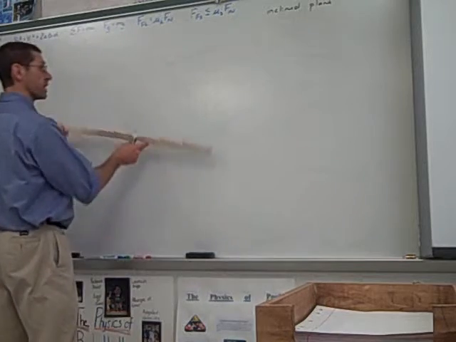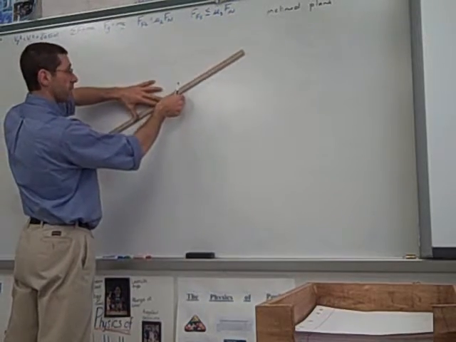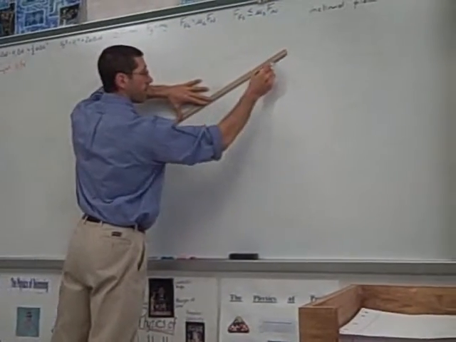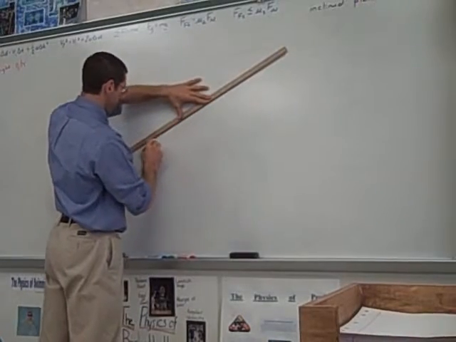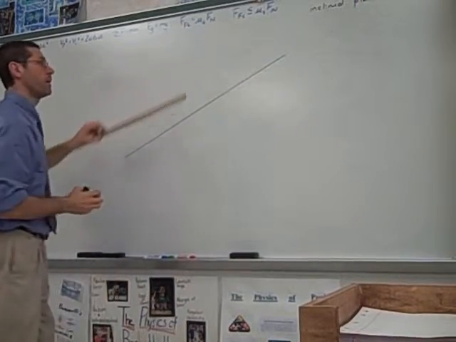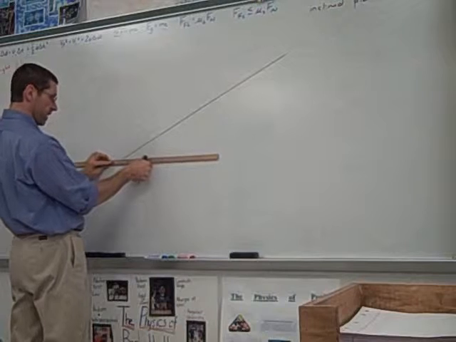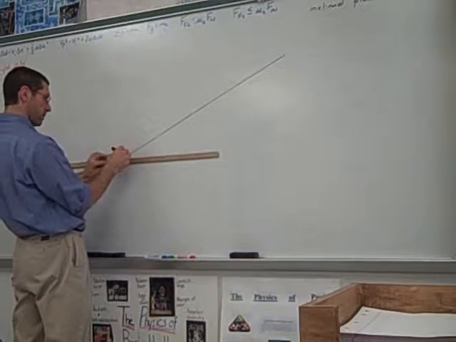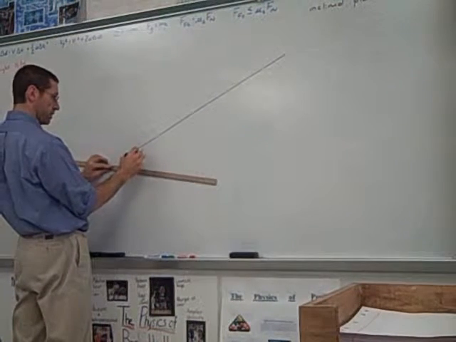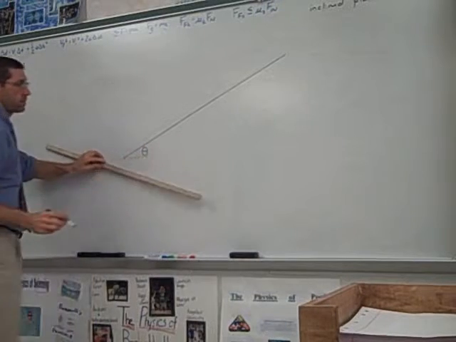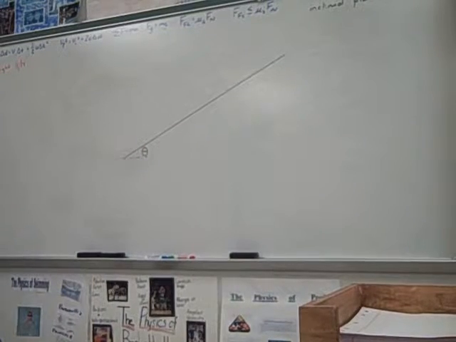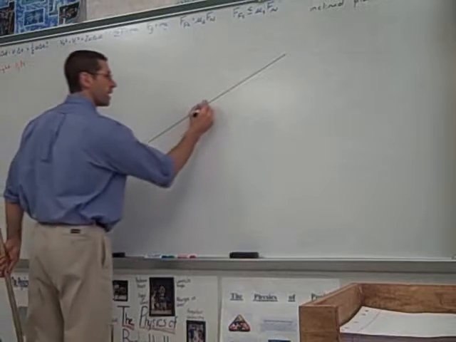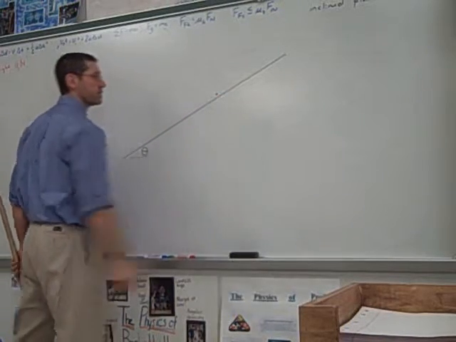So first thing is, let's put in a nice big incline here. Now that's going to be at some angle to the horizontal. We'll call that angle theta. So that's our situation, and the dot, of course, is going to represent our object.